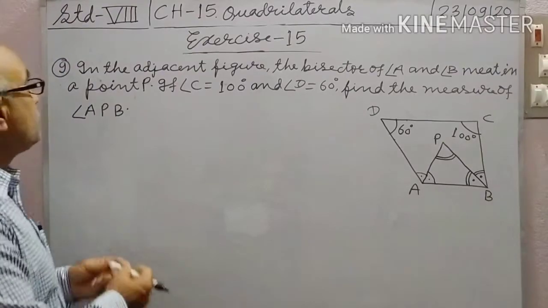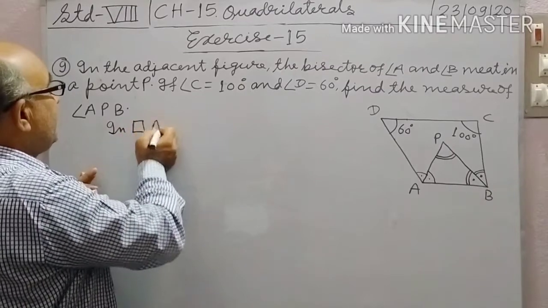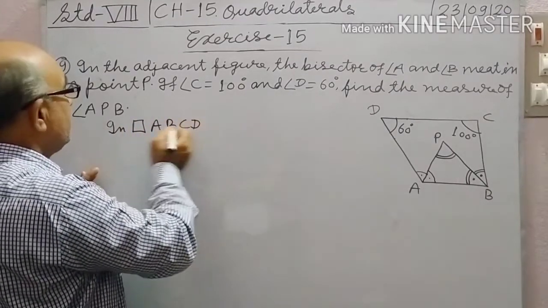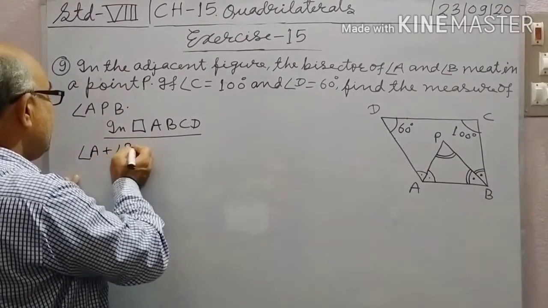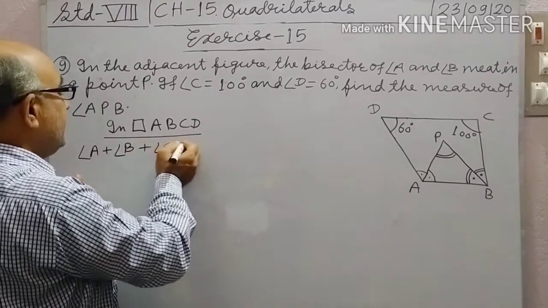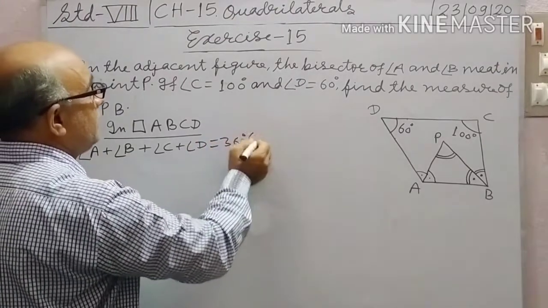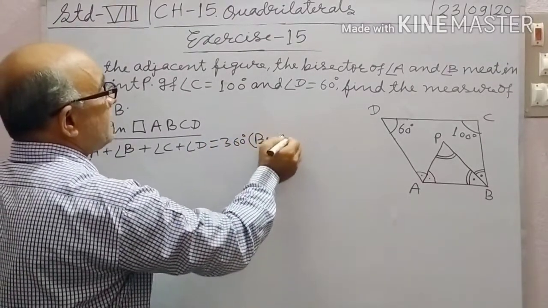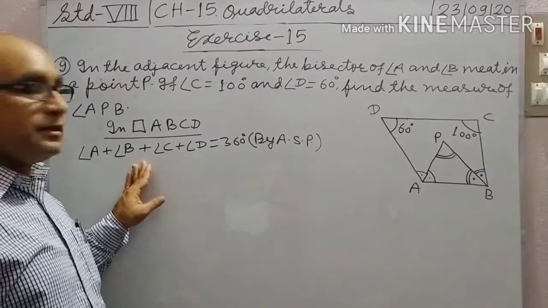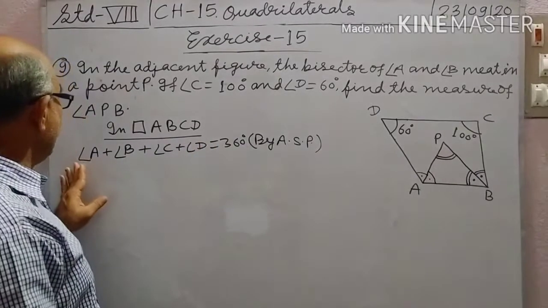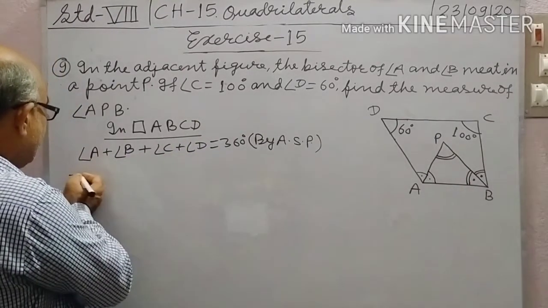Students, first of all, in quadrilateral ABCD, angle A plus angle B plus angle C plus angle D equal to 360 degree by angle sum property. The sum of the angles of a quadrilateral is 360 degree.